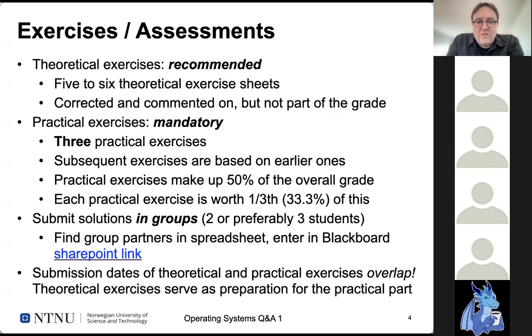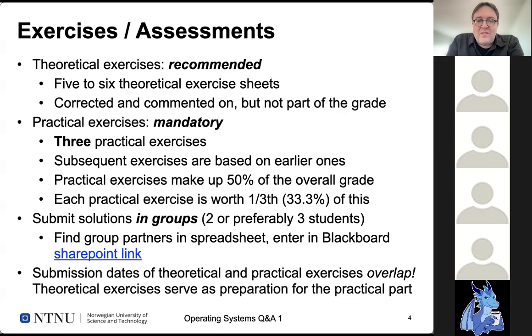This is also helping us because we don't have the person power to grade 5 practical exercises for like 400-something students. Sometimes subsequent exercises can be based on earlier ones, but we try to make them as independent as possible. We'll also publish solutions so you can figure out what our idea for solving a practical exercise is.